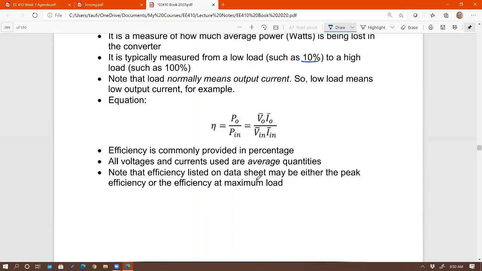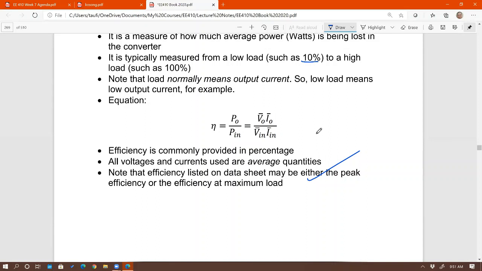Note that efficiency listed on a data sheet may be either the peak efficiency or the efficiency at maximum load. So be careful when you buy a DC to DC converter. Of course, they would advertise the peak efficiency. You've got to be careful when reading the data sheet of any DC to DC converter that you purchase.